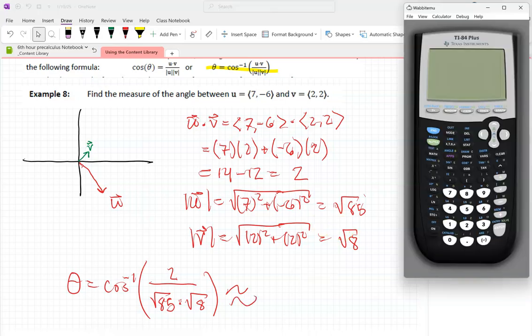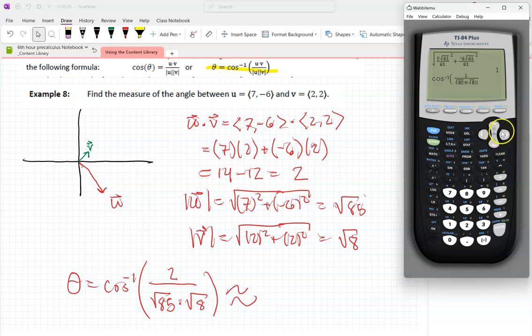So I'll go to my calculator, do cosine inverse, and then use my fraction command, 2 over square root 85 times square root 8.